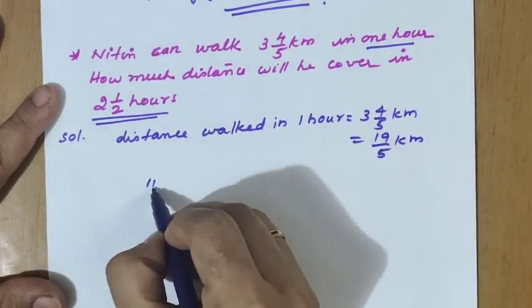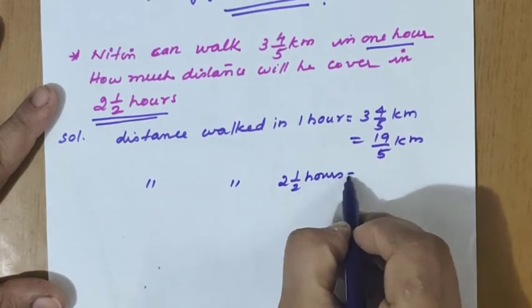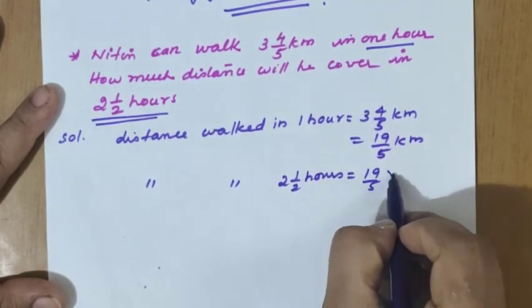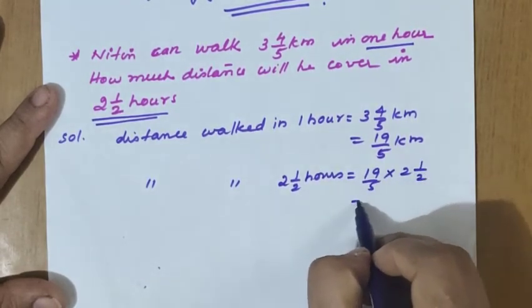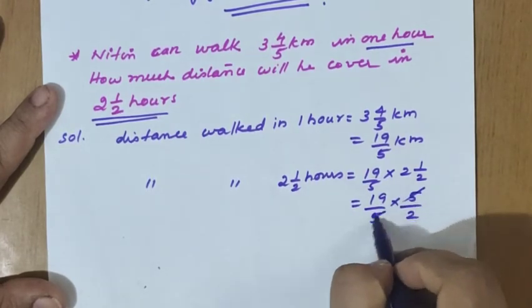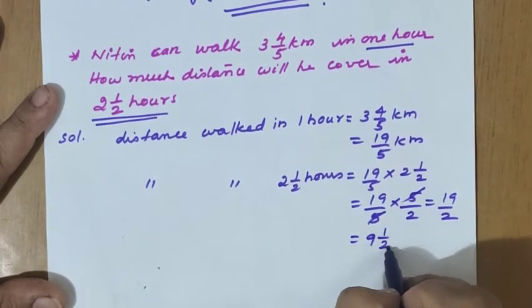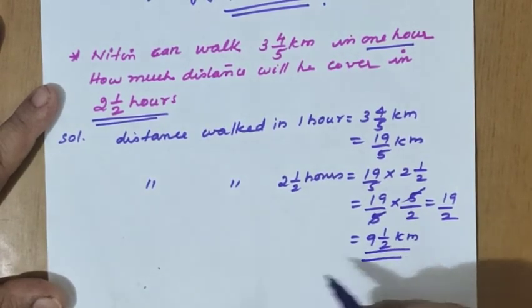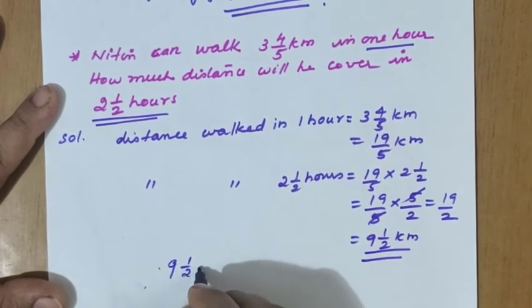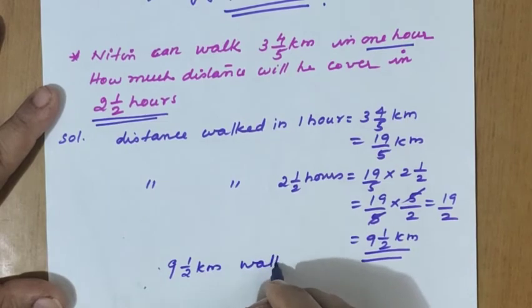Next, the distance walked in 2 integer 1 by 2 hours equal to 19 by 5 into 2 integer 1 by 2. So 19 by 5 into 5 by 2 is 19 by 2. Naturally it is 9 integer 1 by 2 kilometer. So we can conclude 9 integer 1 by 2 kilometer walked by Nitin.